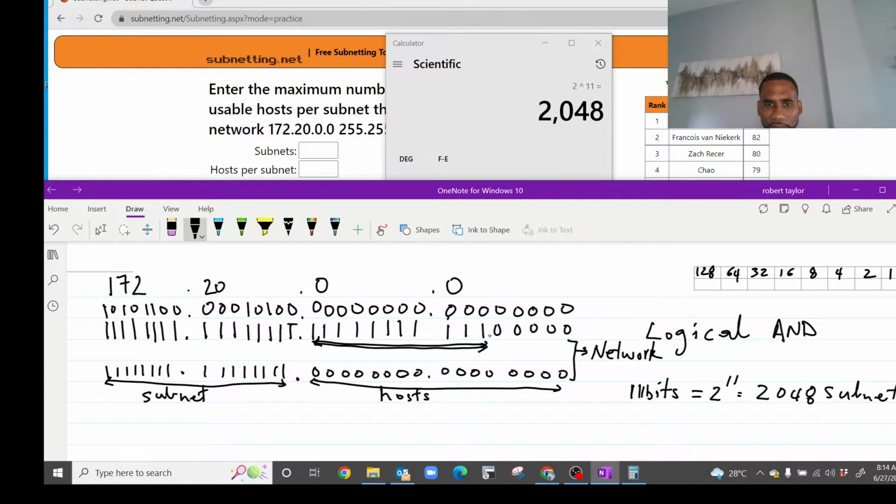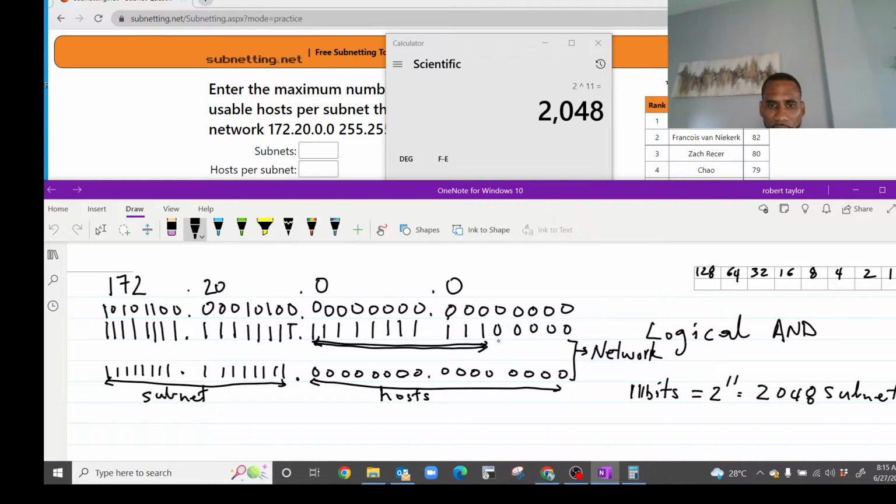That just means if we change these bits, for example, change this to a 0, and this to a 0, how many different combinations can we get from 11 bits? The way to work that out is 2 raised to the 11. That gives me the number of subnets I can get from rearranging these bits, turning some to 1 and some to 0. That's going to give me 2048.